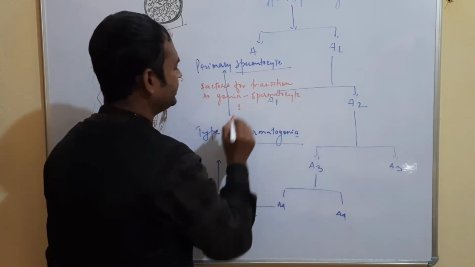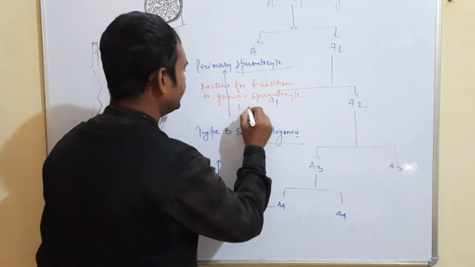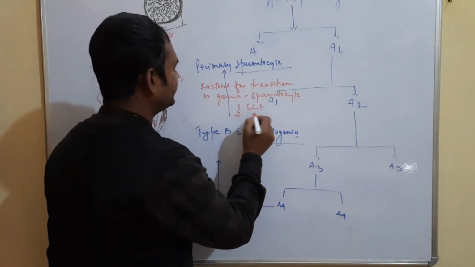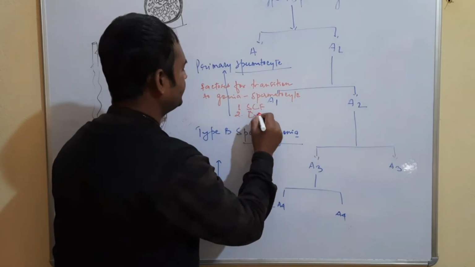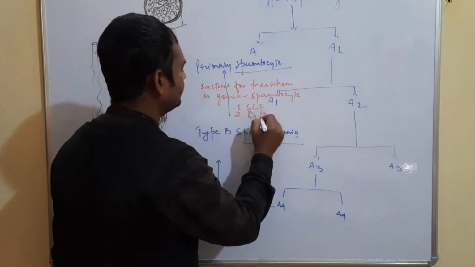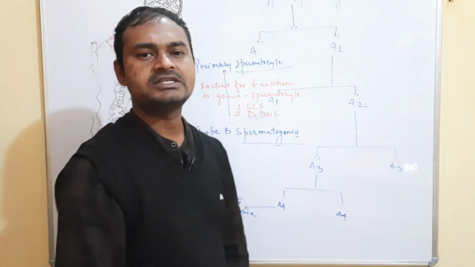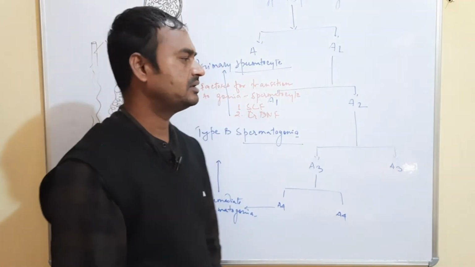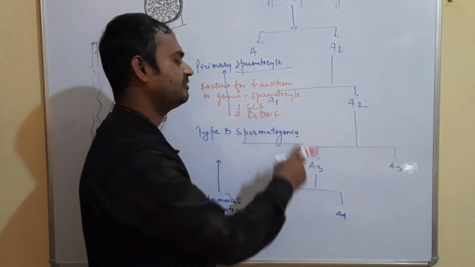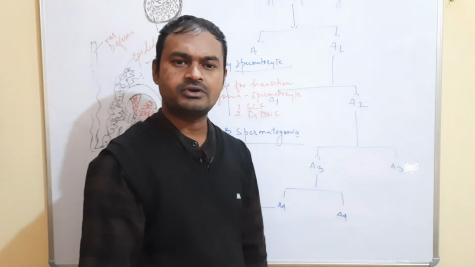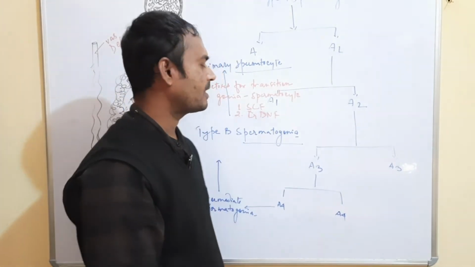The first one is SCF and the second one is GDNF. SCF means stem cell factor and GDNF means glial cell line derived neurotrophic factor.